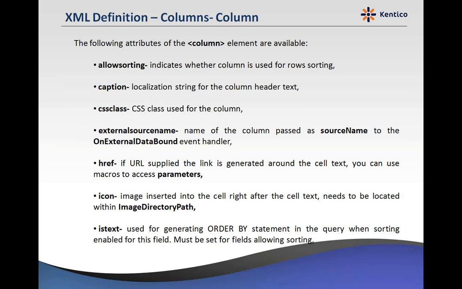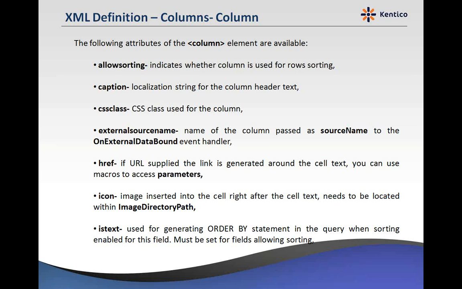The column section, and the column element, is crucial for the UniGrid functionality, and it basically defines what columns will be displayed in the UniGrid and what data will be outputted for particular cells. So the first attribute is allow sorting. This obviously indicates whether the column can be used to sort the rows of the UniGrid.